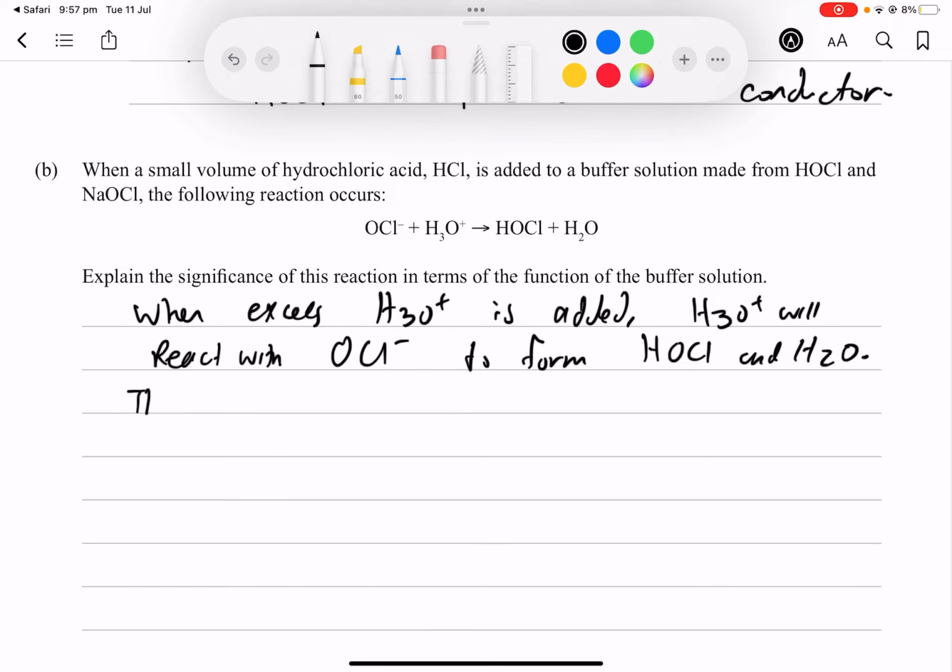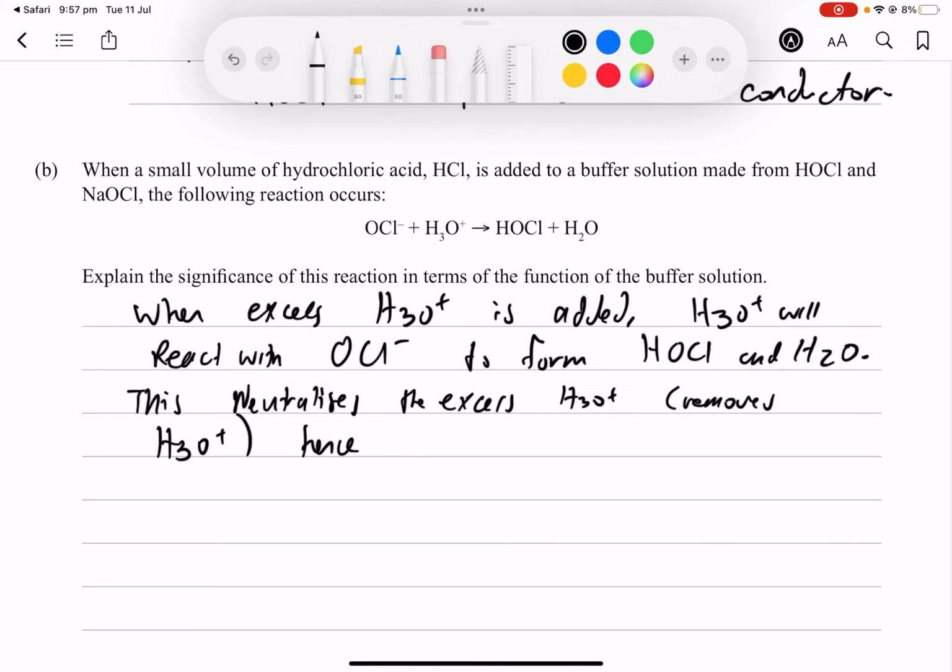So this neutralizes and removes H+, and hence there is no sudden decrease.